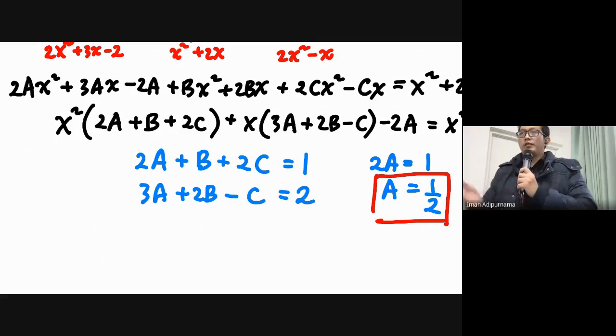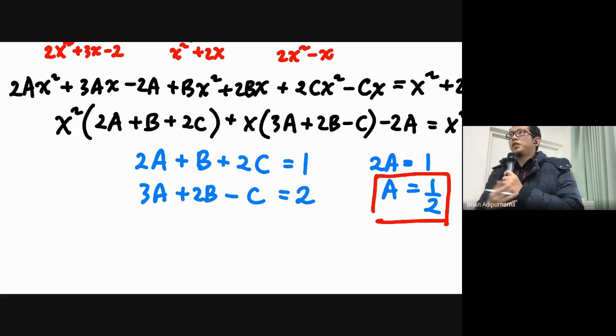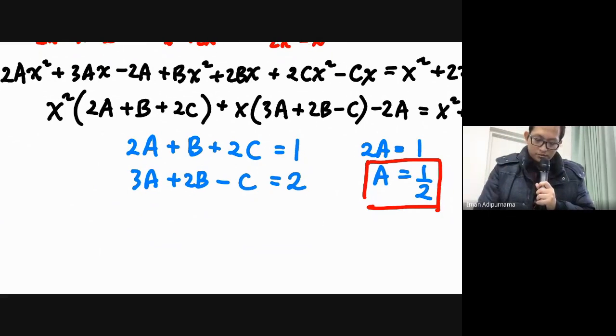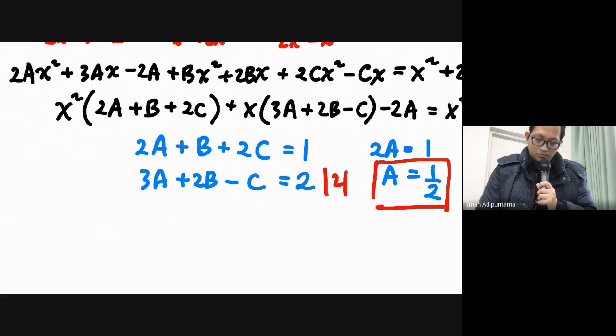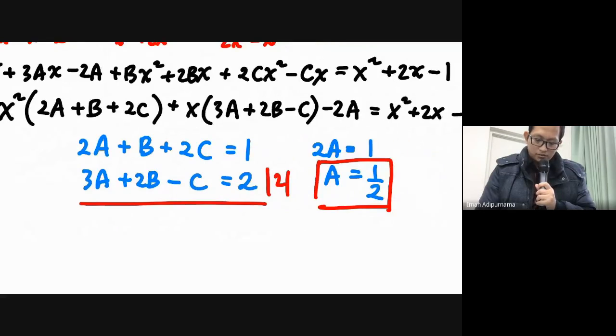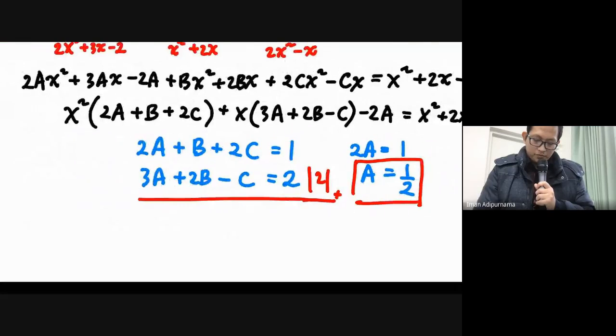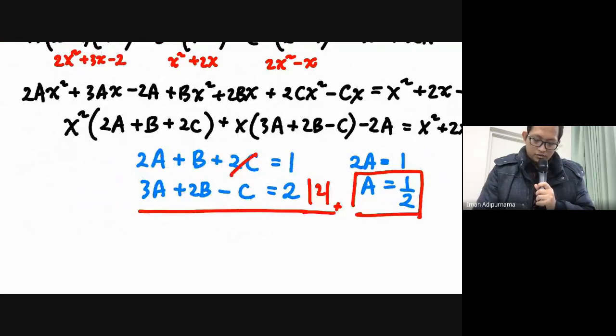I believe you have your preference. You can use substitution, elimination, anything that can solve the linear equations. Okay, let me solve with this. I will multiply this by 2, and then I will add this, so I will cancel the c.